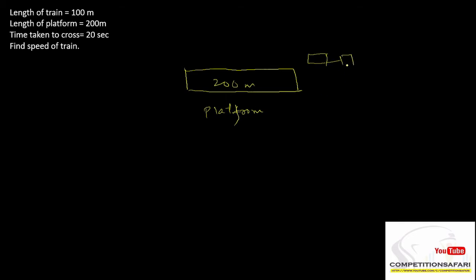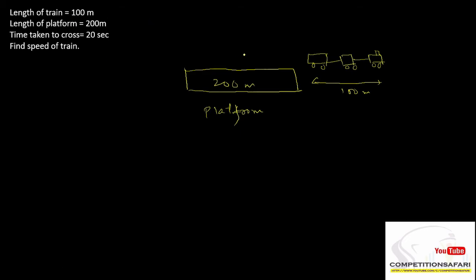What happens here is you are given the length of the platform and the length of the train, which is 200 meters of the platform and for the train, this train is 100 meters.